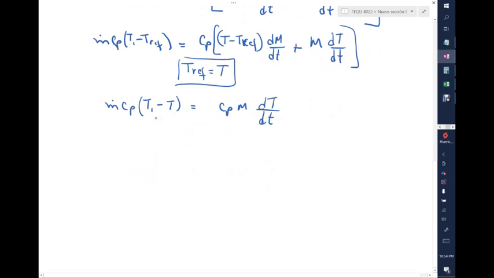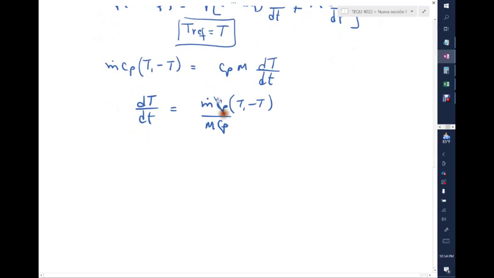So the differential equation ends up like this: m dot Cp (T1 minus T) over, let's take this m Cp, and finally the Cp cancels out, and we end up that this is the differential equation that describes how the temperature will change in that vessel.